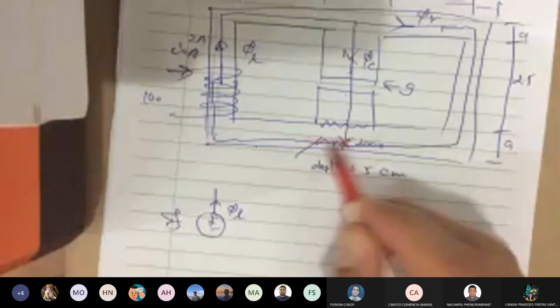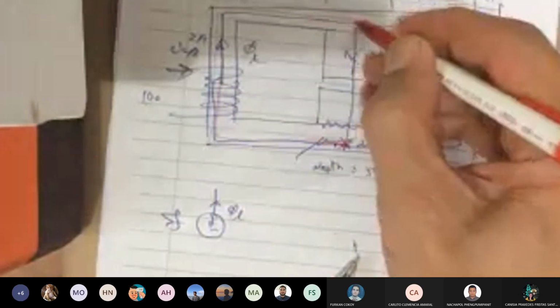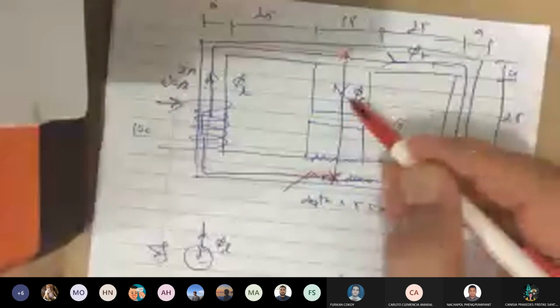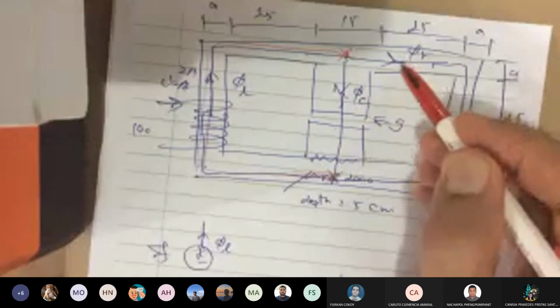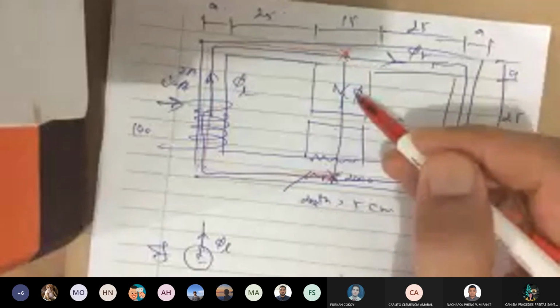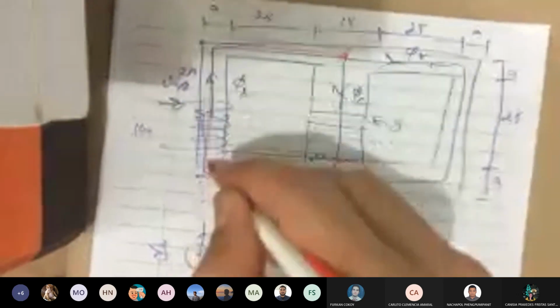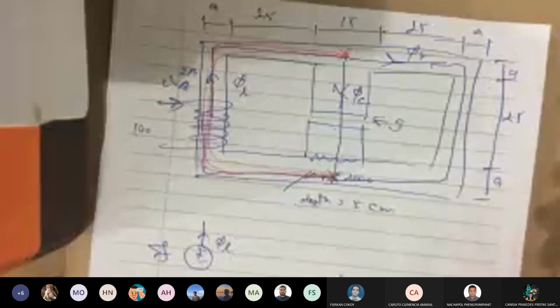Because there's only a single path here. Same path, upward towards the right. And that's where the left flux starts to split into center and right. So this would be your left length. Okay, get that?